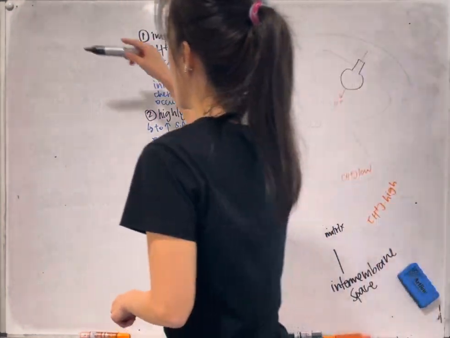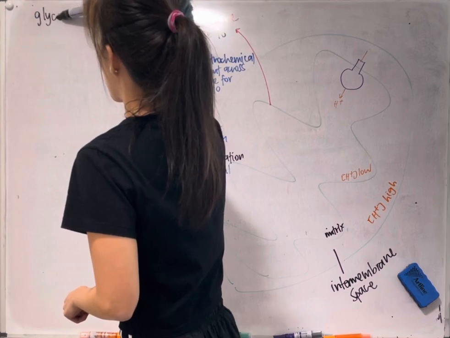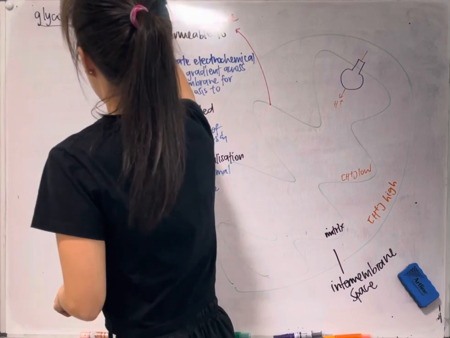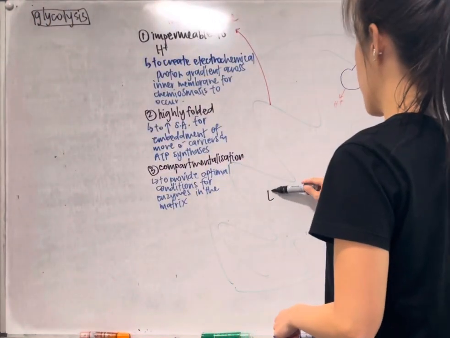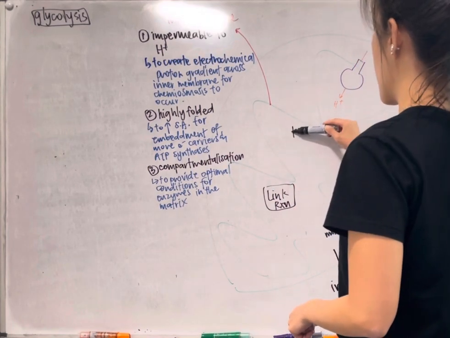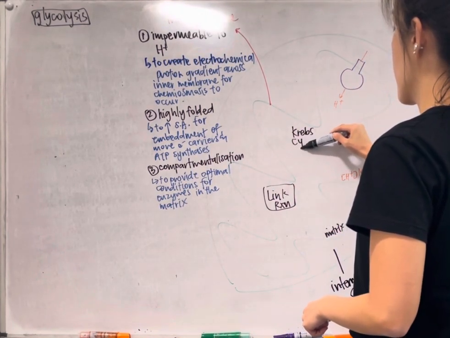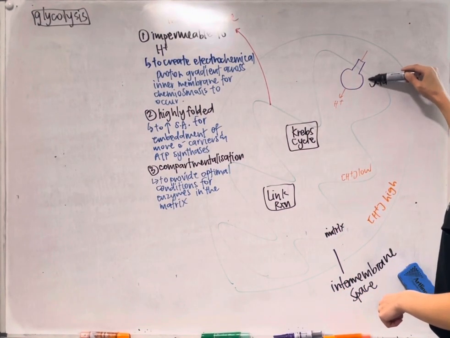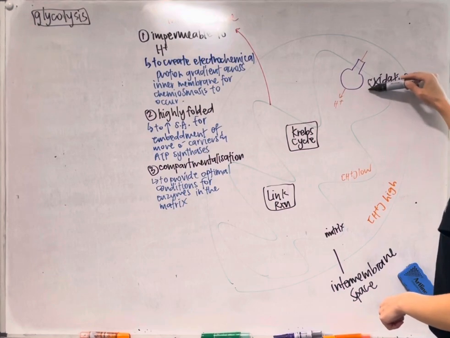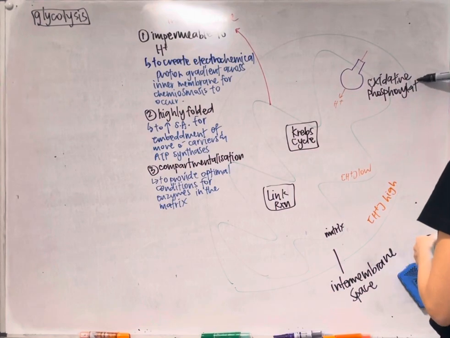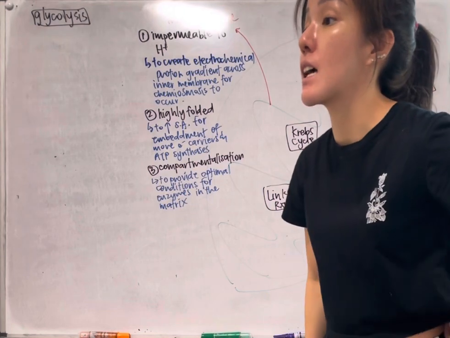We learned that respiration always comprises glycolysis, your link reaction, your Krebs cycle, and then finally oxidative phosphorylation. And all of them actually involve the electron carriers NAD plus and FAD.